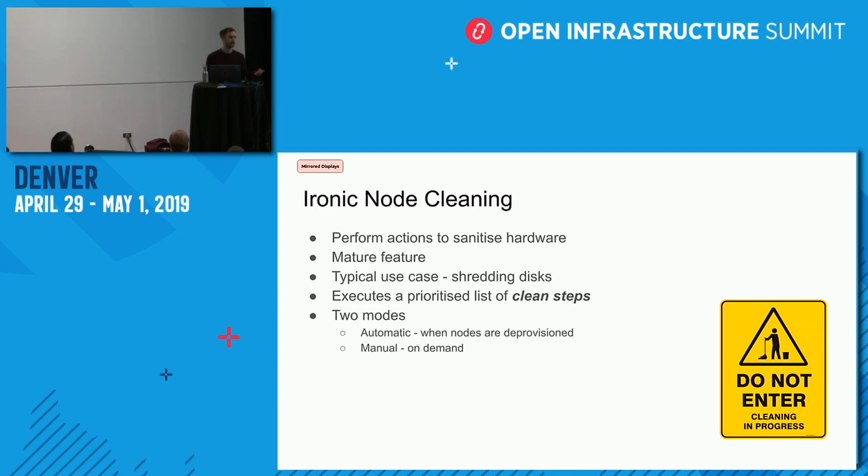It does this by executing a prioritized list of clean steps. There are 2 ways that cleaning gets used. One is automatic. So this happens automatically when a node is deprovisioned. It goes through a cleaning phase. You can also manually trigger cleaning on demand.